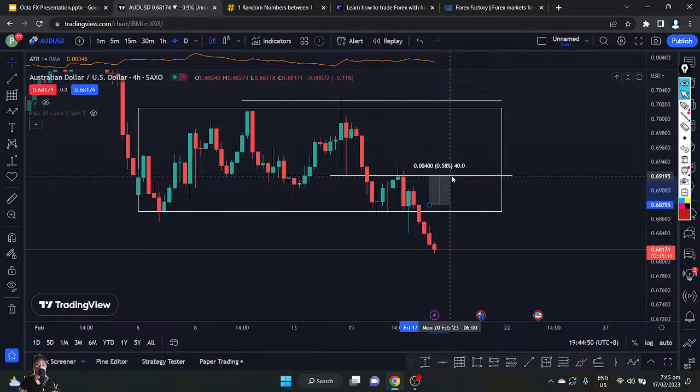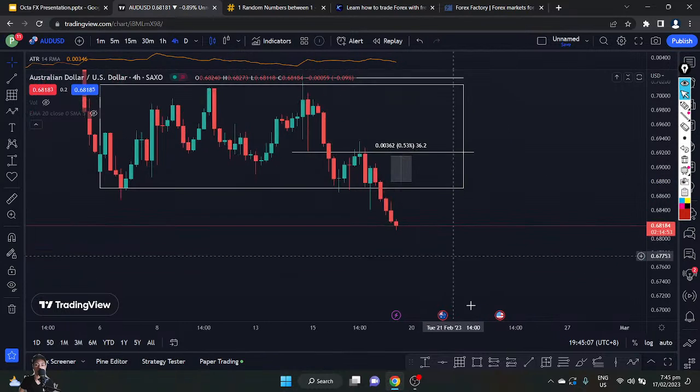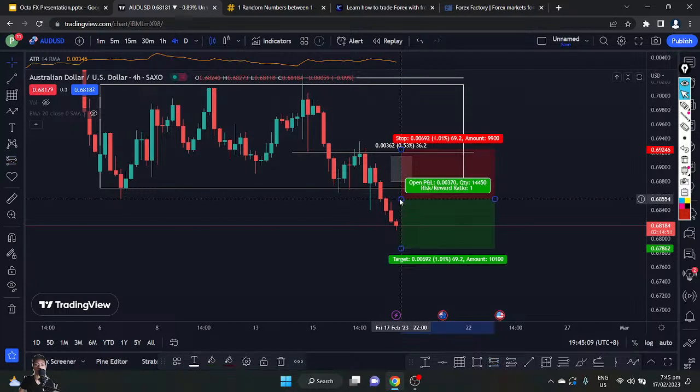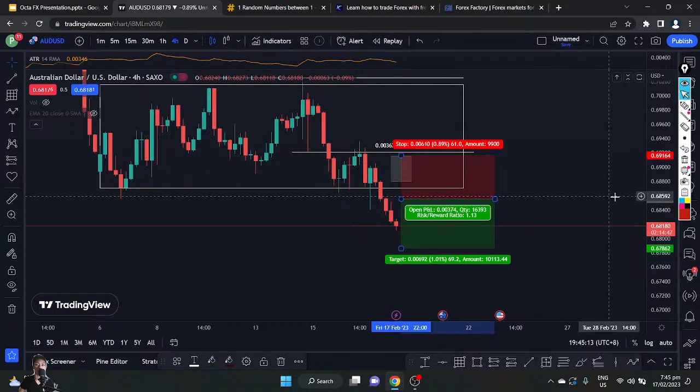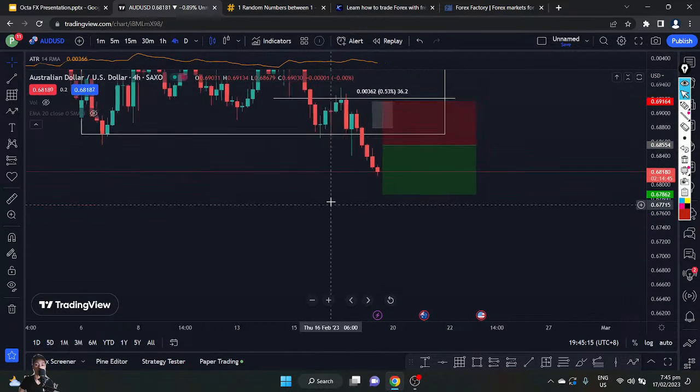So let's say you want to put 40, that is okay. But if you go below, let's say you just want 33, this is not a good strategy. So let's just follow 37.5, or let's say 36, something like that. Then put your stop loss on your ATR value.